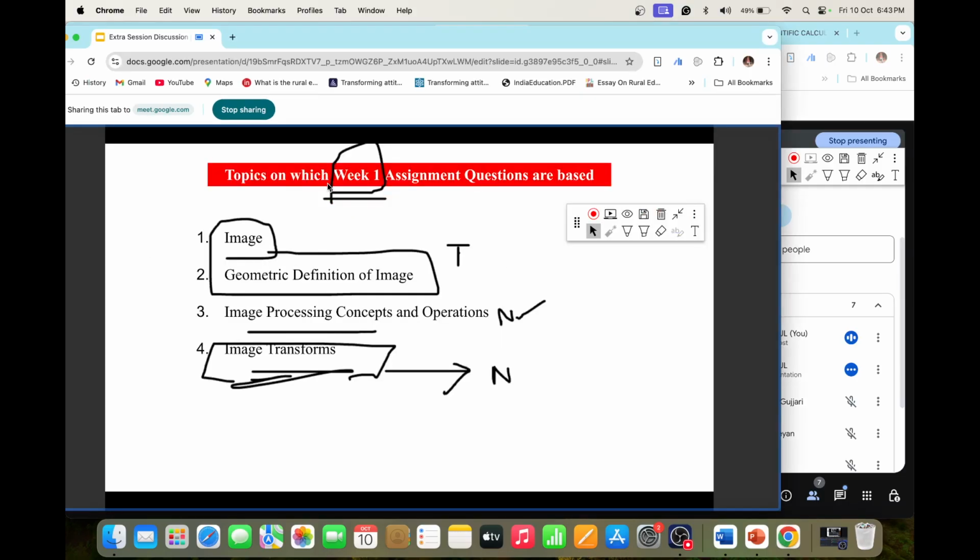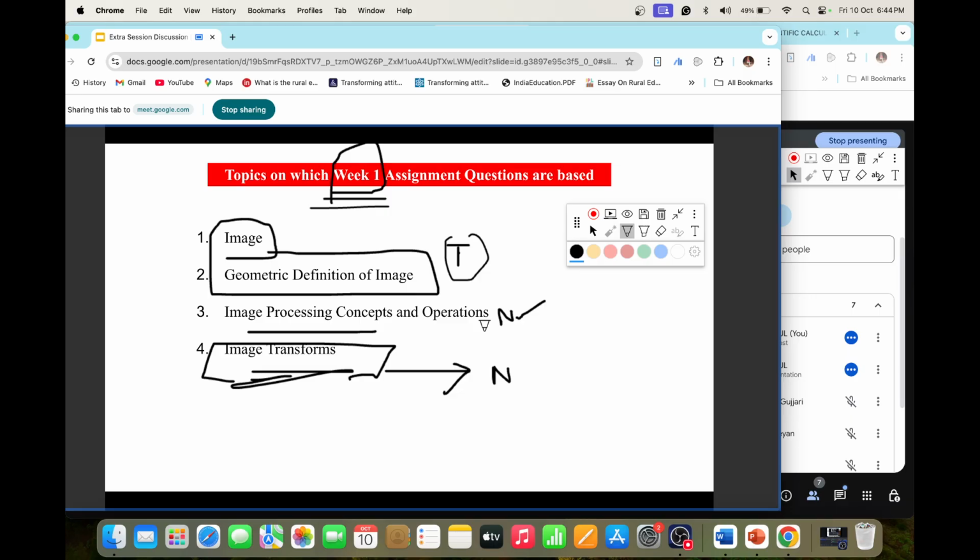Okay, so week one, we are discussing more about this image. Image definition. So these are the different concepts, and from this, which are important is image and geometric definition. You can expect more theoretical questions from the image and geometrical definition of image, and from image processing concepts like the Prewitt and Sobel operators.